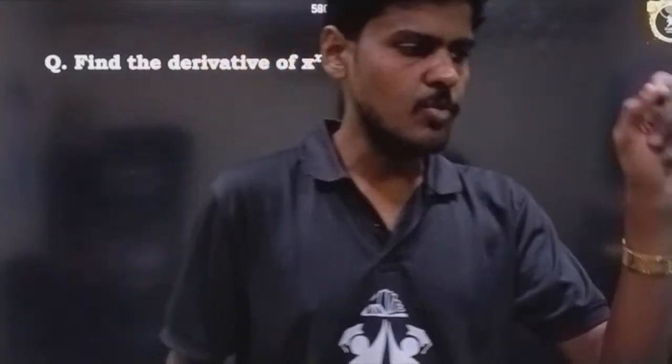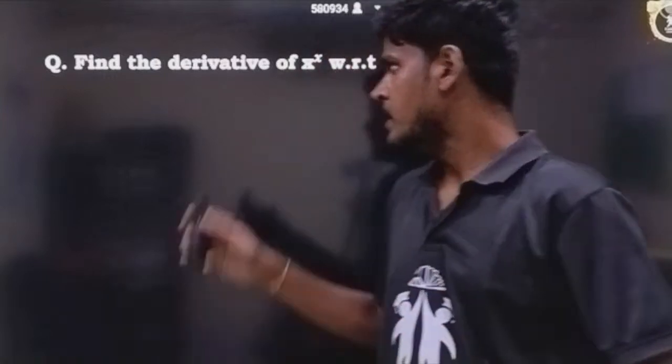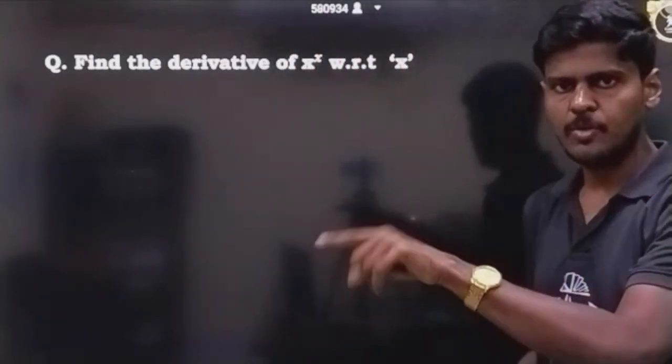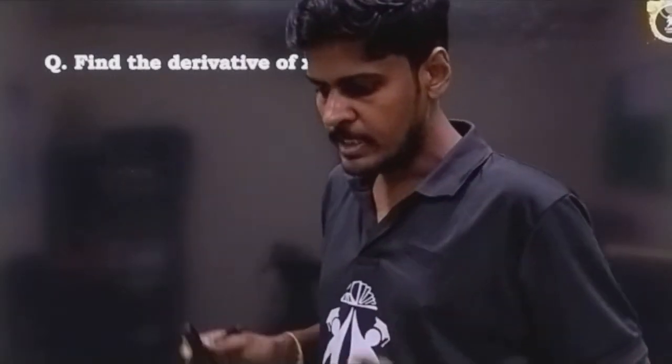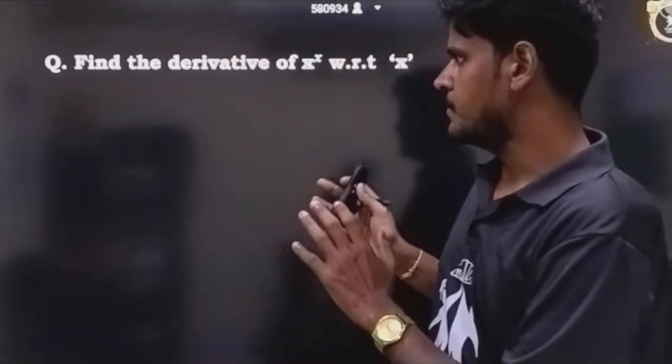When you have a parameter, you should think, okay, x and y are in different variables, that means we have to use dy by dx equal to dy by dt by dx by dt. Here it is in the form f of x power g of x, that means first we have to apply log. This is a standard step. Whenever the method of differentiation is identified, the entire process of finding differentiation gets simplified.